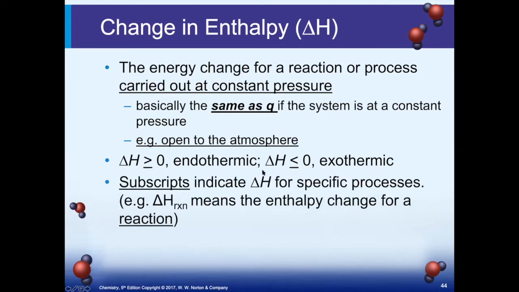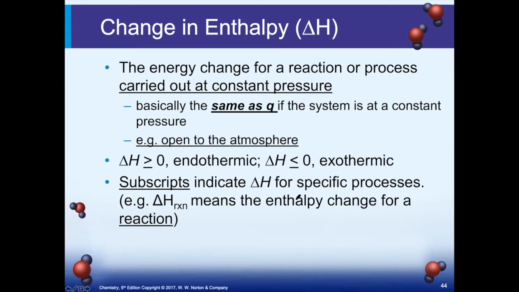Okay, so the other thing that we're going to do with this delta H is we're going to put subscripts on it, all the time. We like to put subscripts on our delta H, and that's to indicate the specific enthalpy change that we are talking about. So for example, if we want to describe the enthalpy change of a reaction, the delta H of a reaction, then we would put the subscript RXN for reaction. But we're also going to see that you could have a delta H of anything.